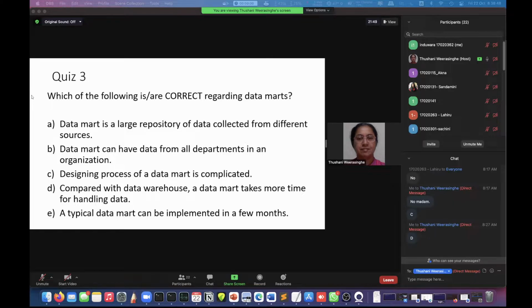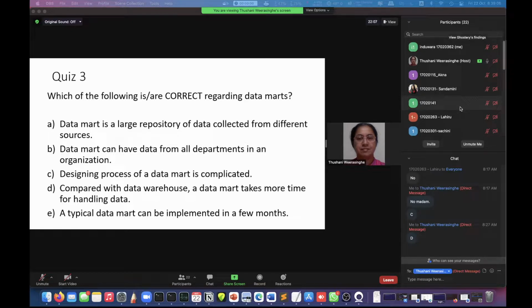Which of the following is/are correct regarding data marts? I am asking about the correct statements. Not incorrect ones. I am asking about the correct ones.